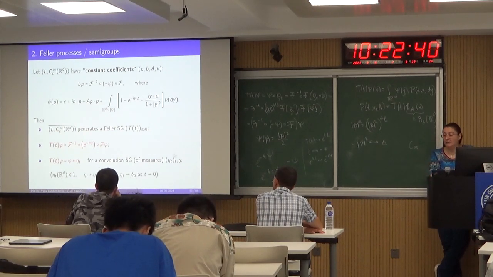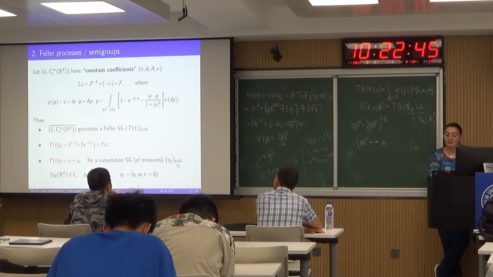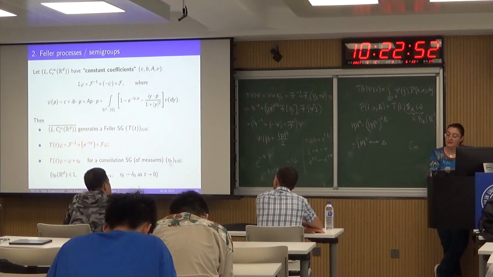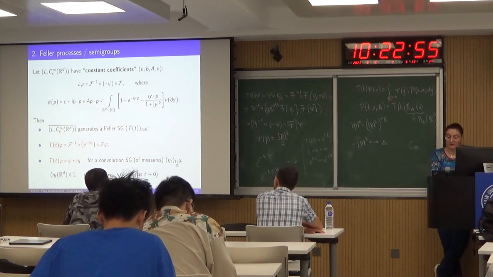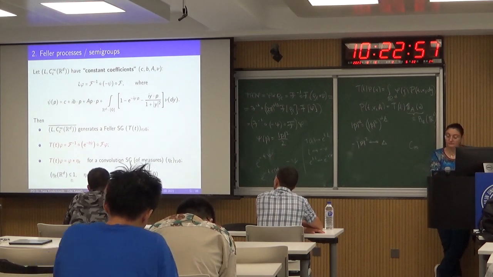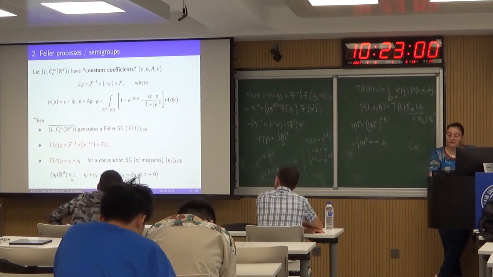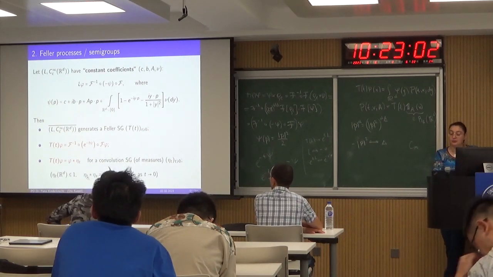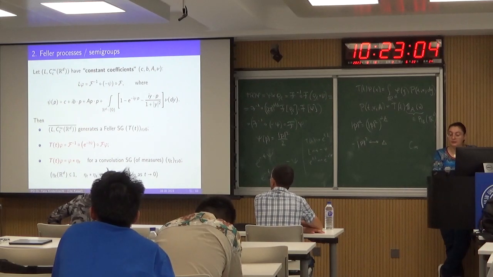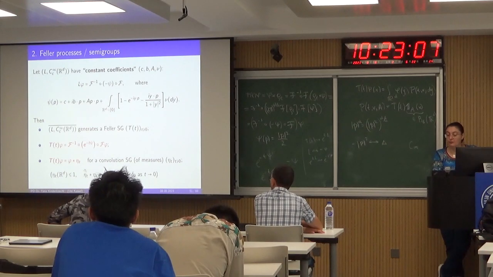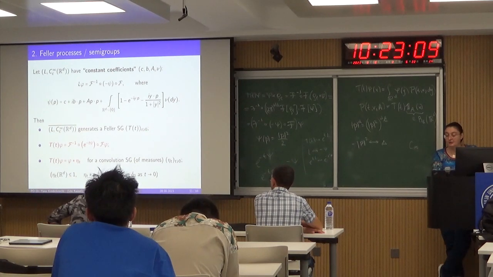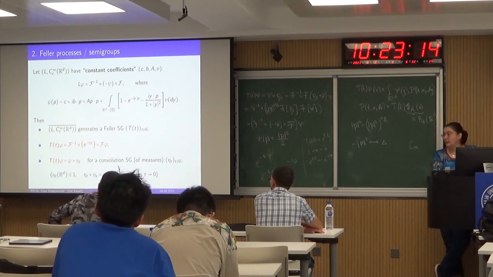So we actually have a family of measures eta t. And this family of measures is the so-called convolution semigroup of measures. What does it mean? This means that all measures here are sub-probability measures. That is, we have this property. They make a semigroup in the sense of convolution, namely this holds, not a product of measures, but convolution of measures: eta t and eta s gives us the measure eta t plus s from the same family.